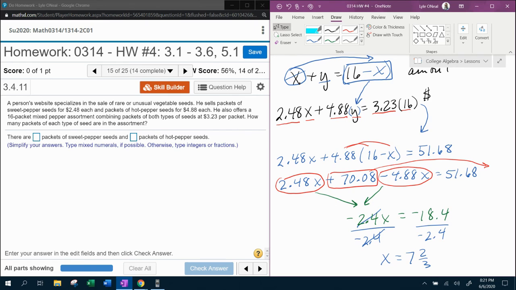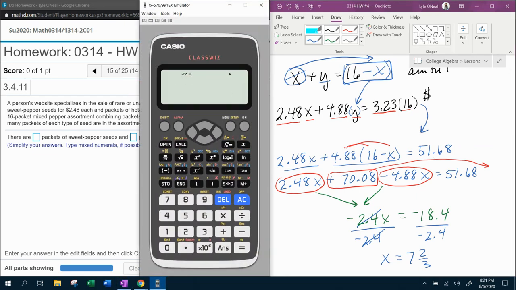When I do the substitution step, I've got my 2.48x, 4.88, 16 minus x. That is correct. Let's check this calculation again. 3.23 times 16, 51.68. Okay, that checks out.